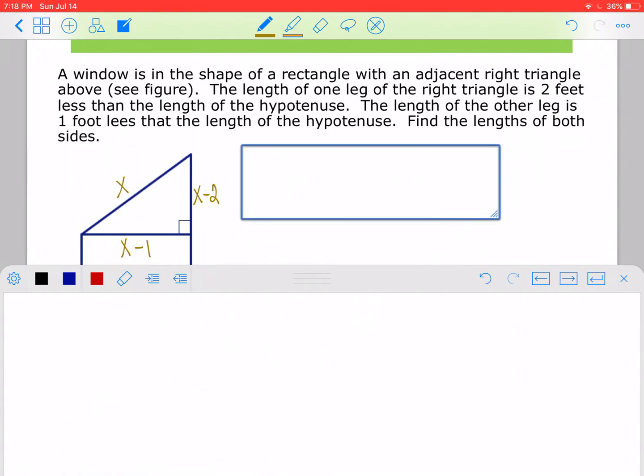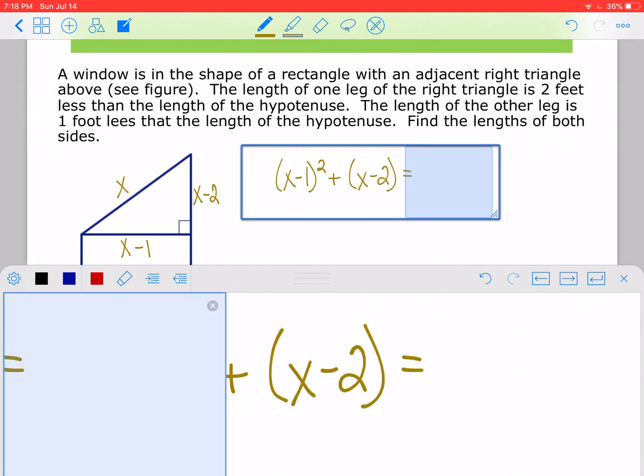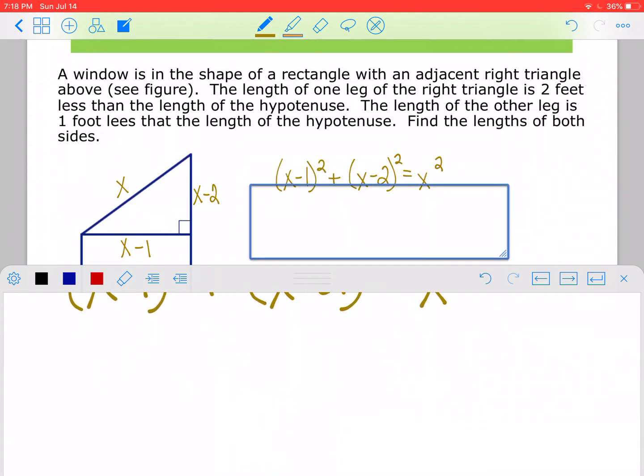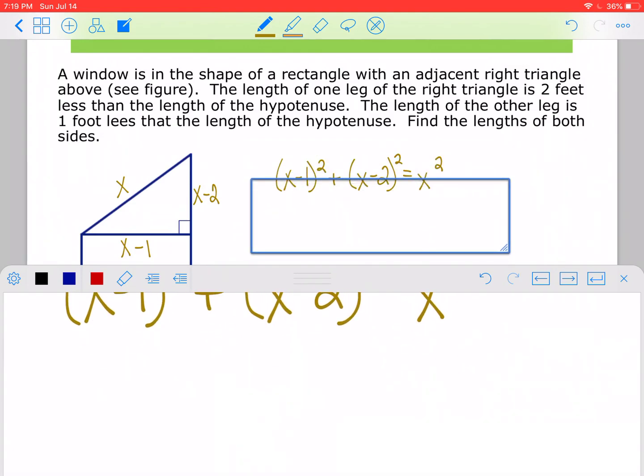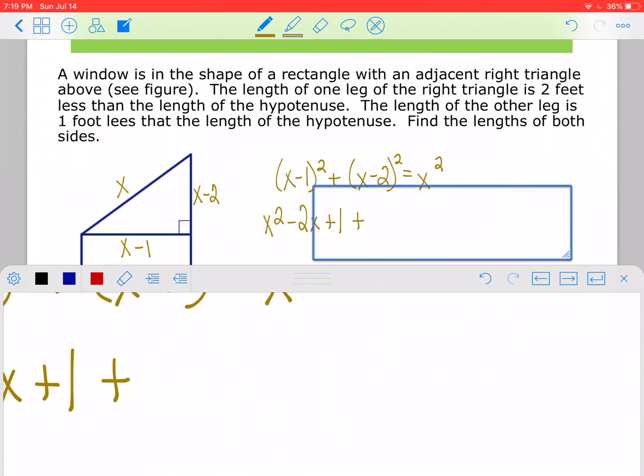Okay, so a squared plus b squared, so your sides squared, add them together, equals the hypotenuse squared. Okay, solve for x. We need to take x minus 1 and square it. That's x minus 1 times x minus 1. So you're FOILing, and we get this. Then we FOIL x minus 2 times x minus 2.